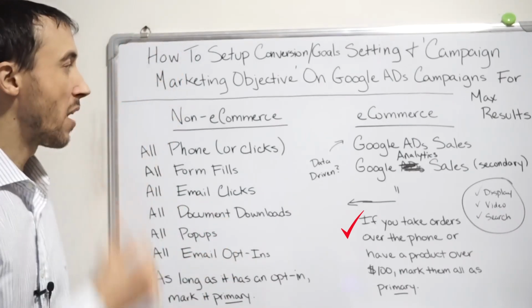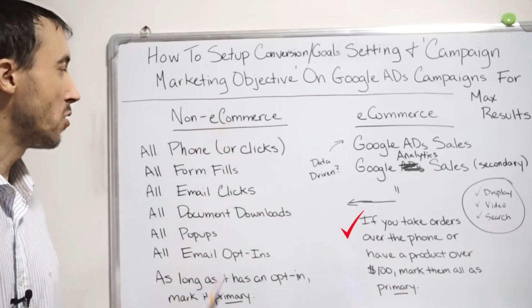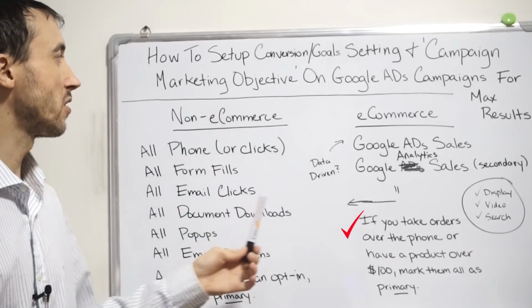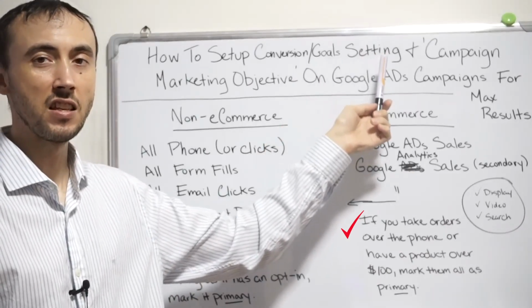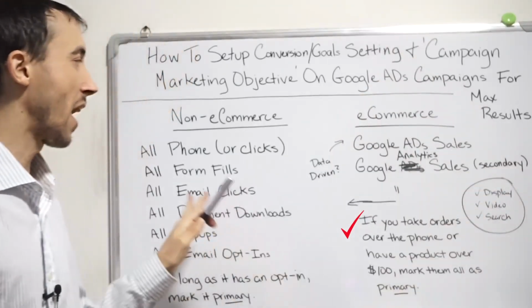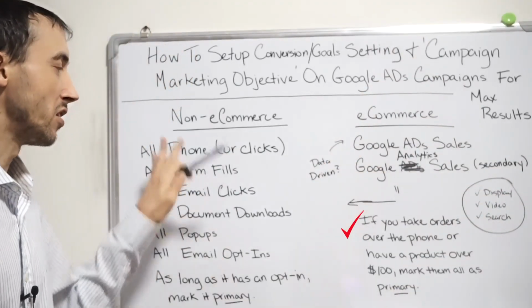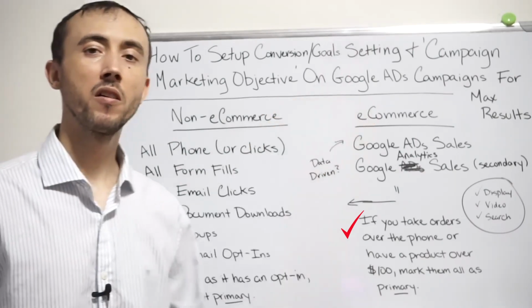And so anyway, like I said, if you do mark these goals secondary, obviously inside your campaign settings, in the goal section, you don't have to have these other goals there as the intended goals to look for.